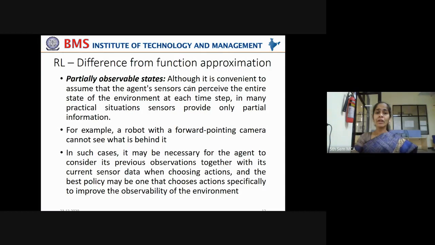And if it has to enhance its actions, then it can improve the observability of the environment itself. Only if it increases its chances of observing the environment completely, that will add to the performance of the agent in that given environment.